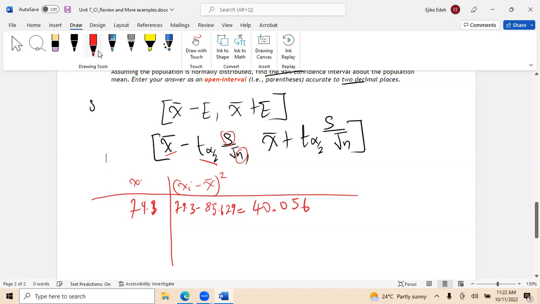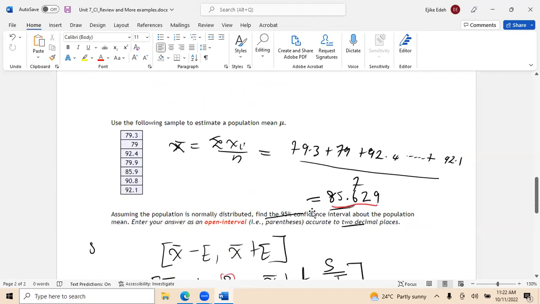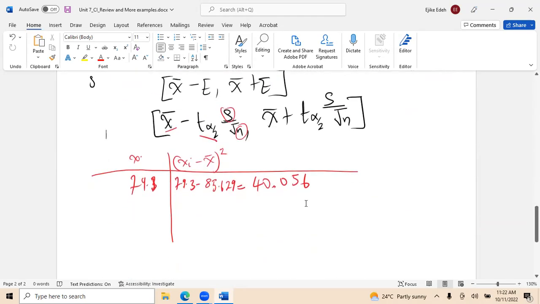Right? Then we do the next one. The next data point is 79, exactly. So you have 79. And so this will be 79 minus the mean, 85.629 again.